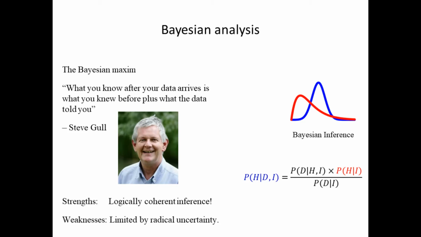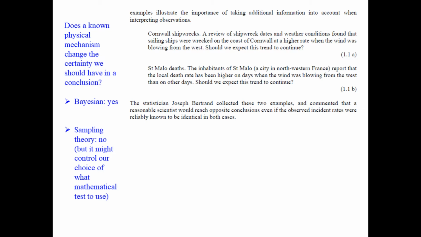One statistician who believed this is an important fact was a man called Joseph Bertrand, who collected these examples of two situations where you might collect very identical looking data, but a good scientist would reach completely opposite conclusions because their conclusions would be largely controlled by pretty good pre-existing background knowledge which they already possessed.